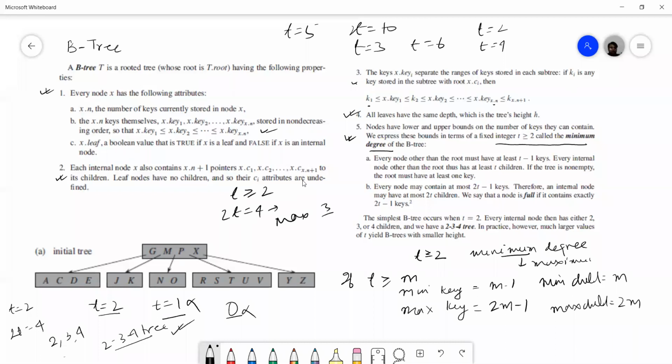When we split from the mid, we always take the mid element, and finding the mid element is always easy when the number of keys is odd. As we studied in data structures, we took left bias and right bias, where once we take the left element or we take the right element. That was a different thing. Here in case of Coreman, we assume that maximum degree will always be even, so the maximum number of keys will always be odd. So always we will take the mid element.